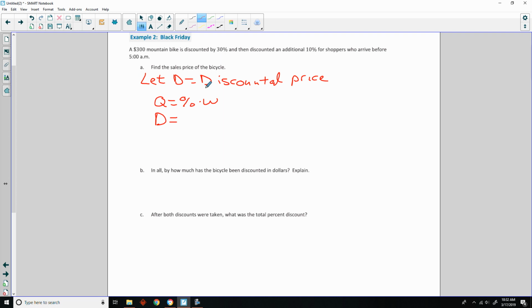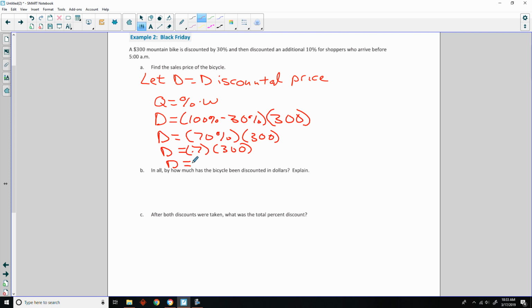And the percent is 30%, but we're discounting it. So we're going to take 100% of the cost of the bicycle and subtract 30% and multiply it by the whole price, which is $300. So there's our equation. This simplifies to 70% times 300, which converts to a decimal of 0.7 times 300.